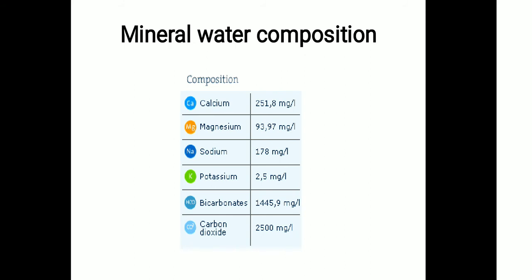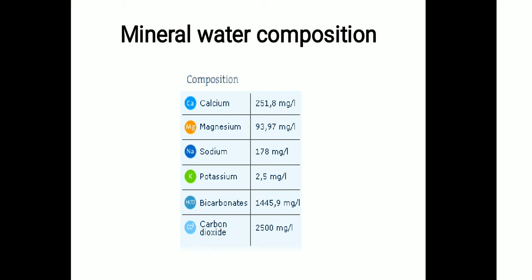Mineral water composition. We will discuss it in detail, but today we are giving the structure of water and its composition. So what types of elements are present in mineral water?